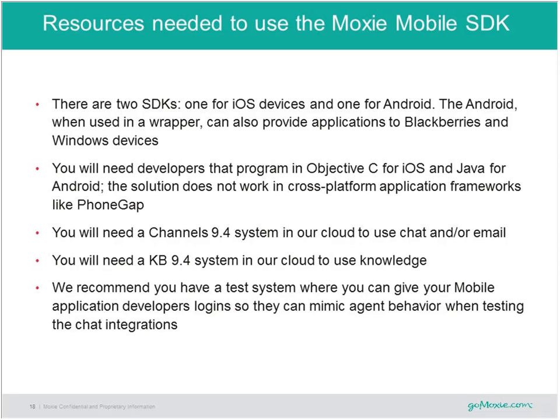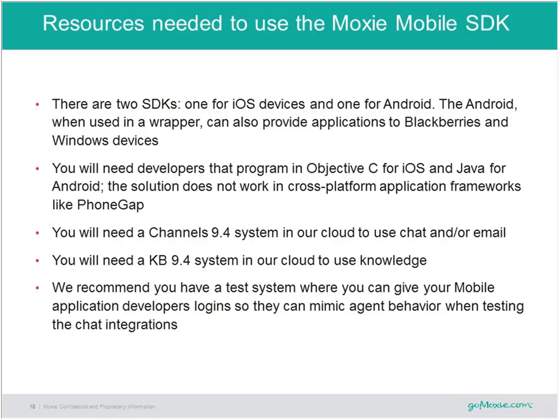Because there are two SDKs, you will need two sets of developers. You'll need people that can code in Objective-C for iOS and people that can code in Android's flavor of Java for Android.